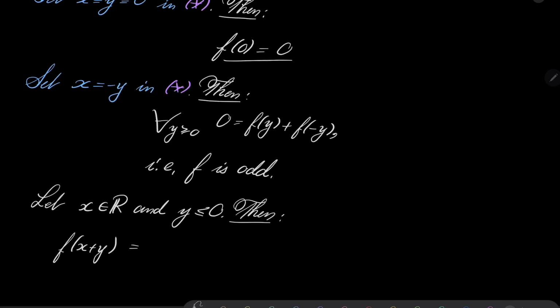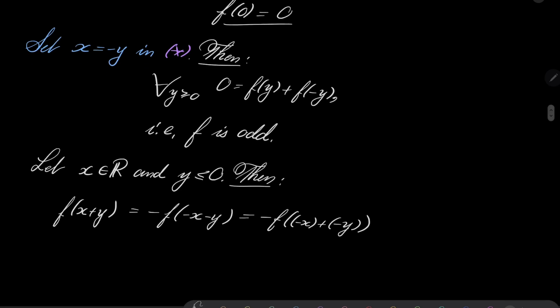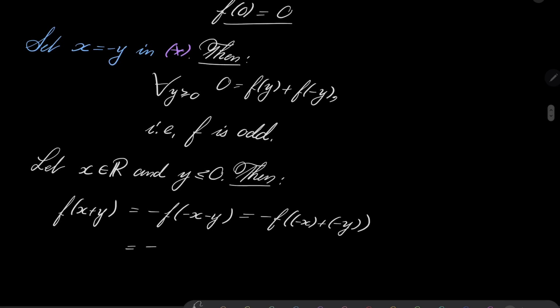Since our function is odd, it's minus f of minus x minus y. And now, minus x is any real number. We can write it as minus x plus minus y. And now, minus y is non-negative, so we can replace it by minus f of minus x plus f of minus y.